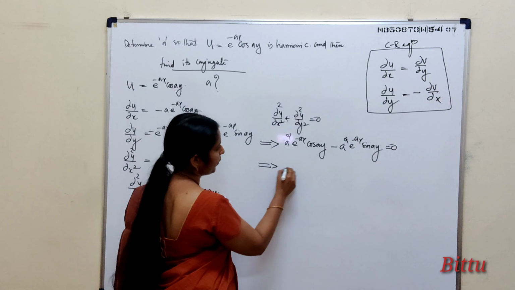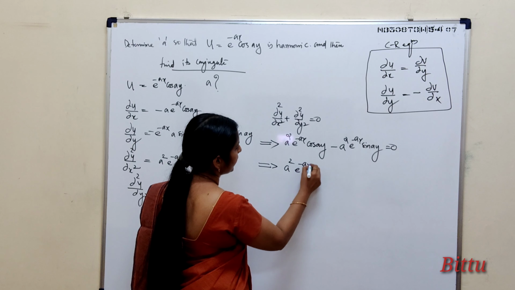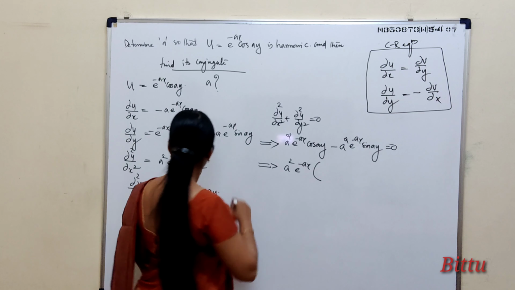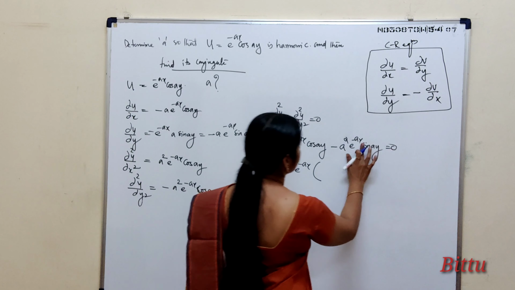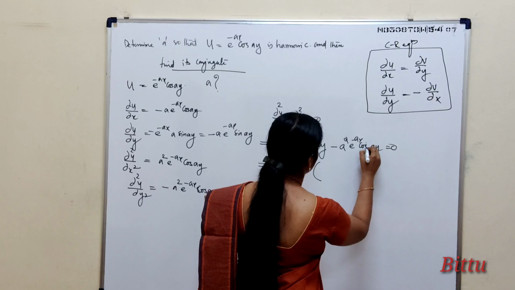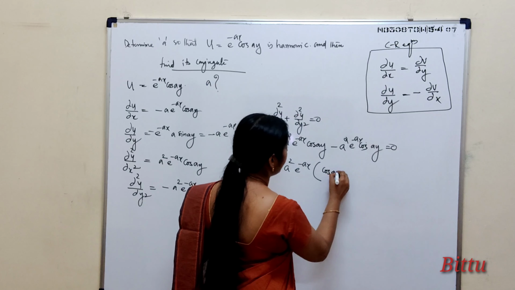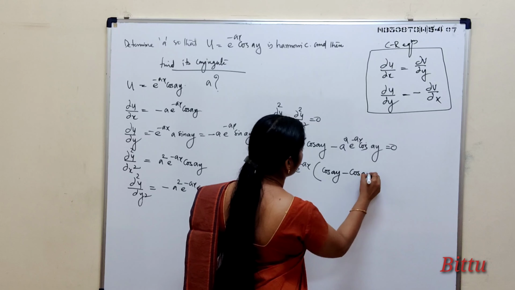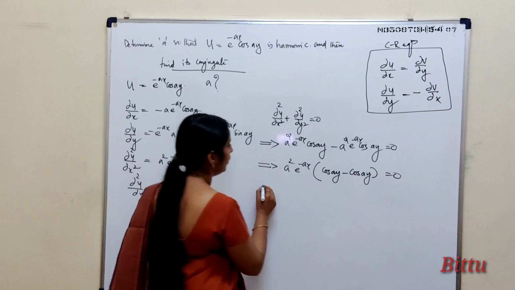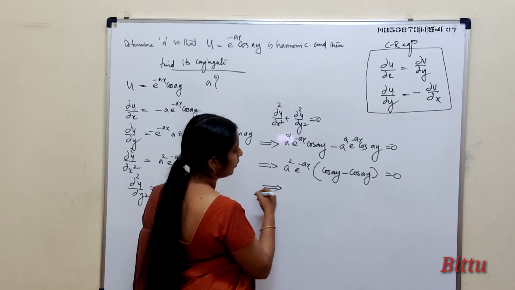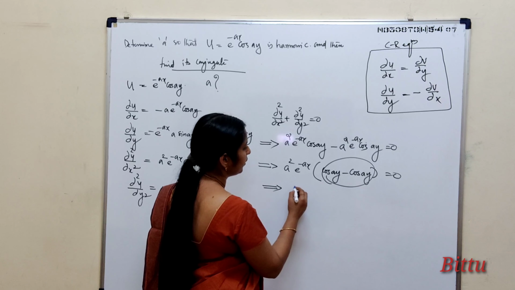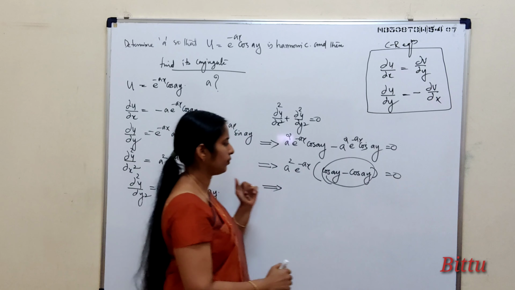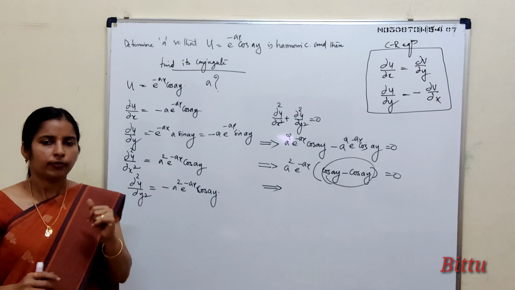Sorry, dou square u by dou y square is cos ay, so which implies a square e raised to minus ax into cos ay minus cos ay equal to 0. See, this is 0.